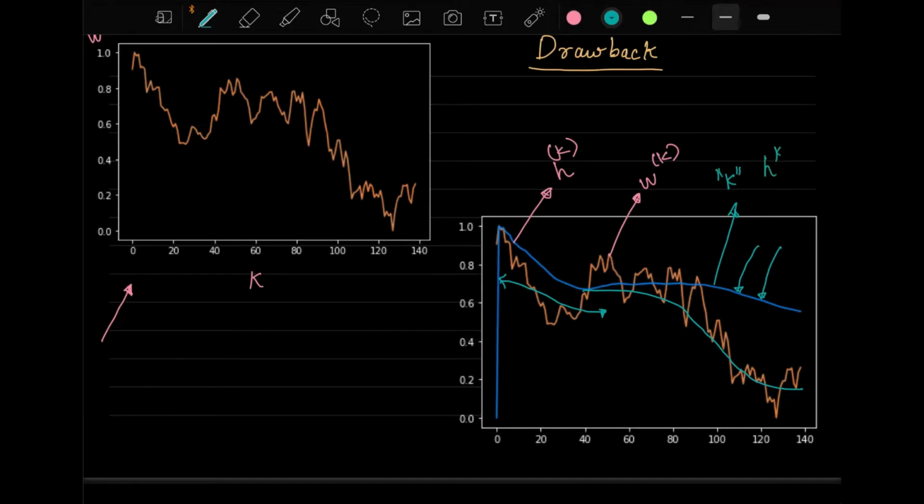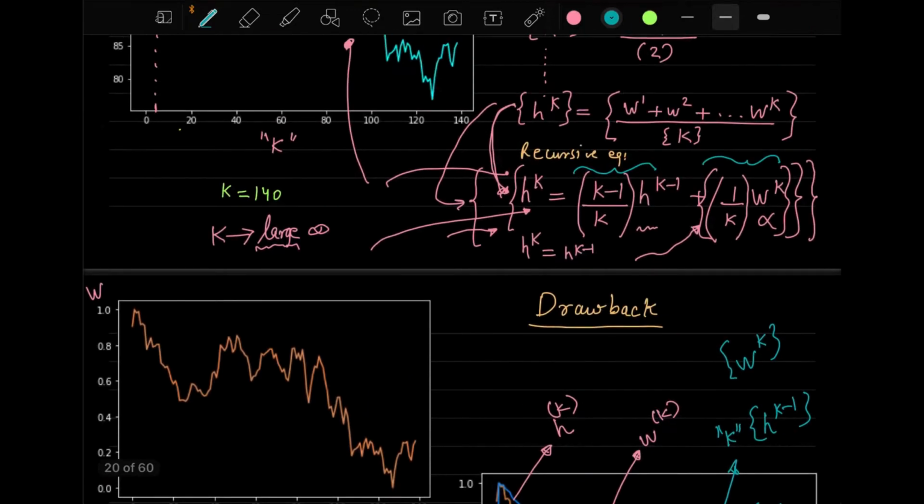only h of k minus 1 is there, and there is no consideration for the current evaluation point, which is wk. So here, at this point you can see wk is the current evaluation point at the kth point. So at the kth point, wk is the current evaluation, and when k becomes infinity or very large, the contribution is gone.